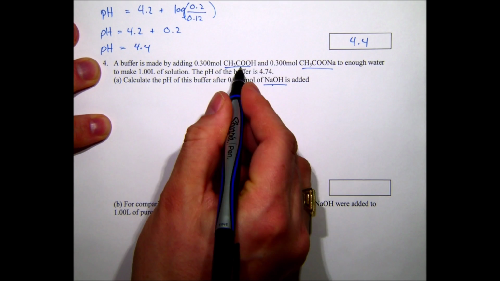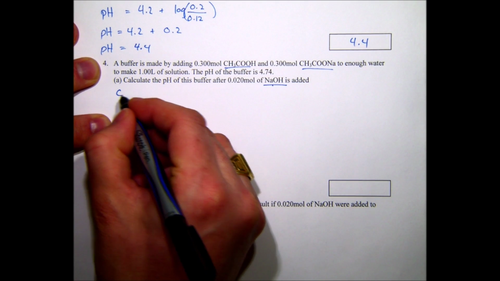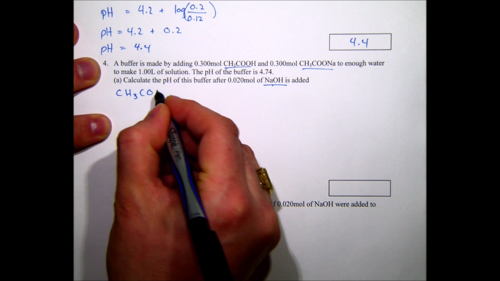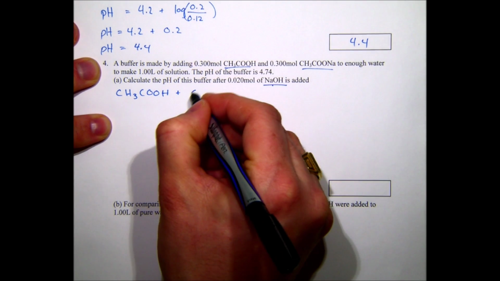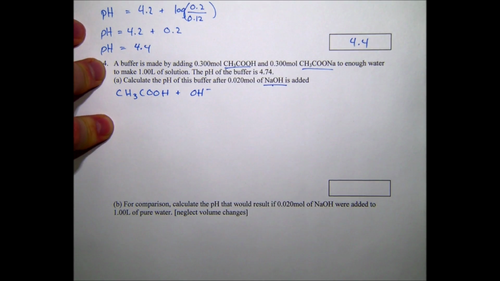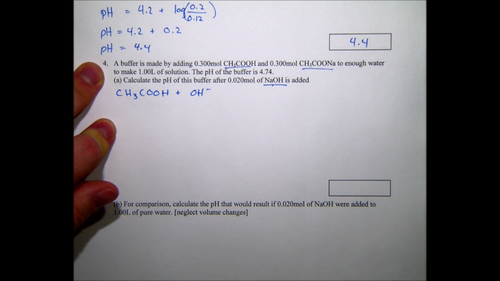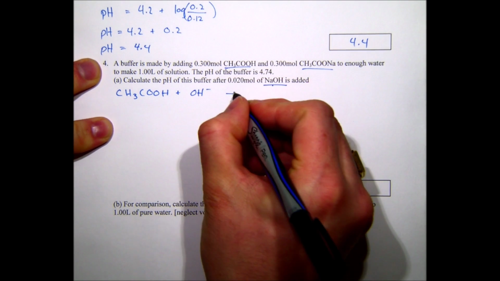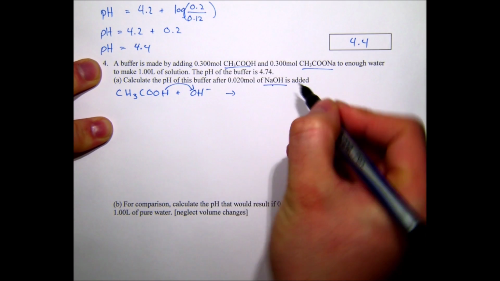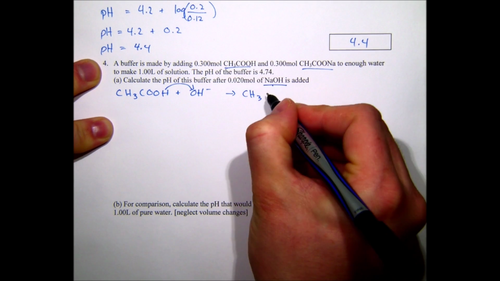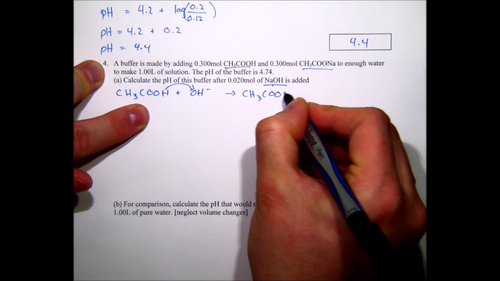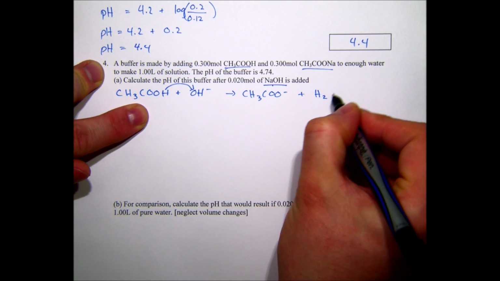So because I have a base, I'm going to pick the acid that's going to react with. So CH3COOH plus OH negative. Sodium is irrelevant, it's a spectator. And that's going to pick up the H here, leaving me with acetate plus water.